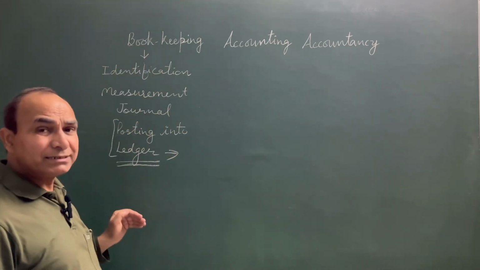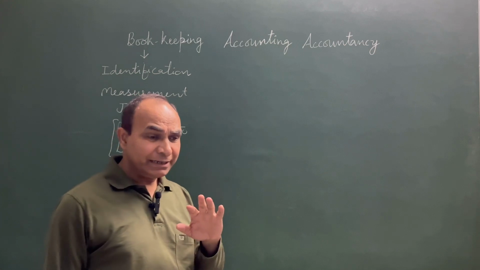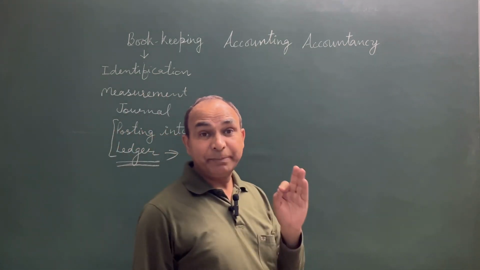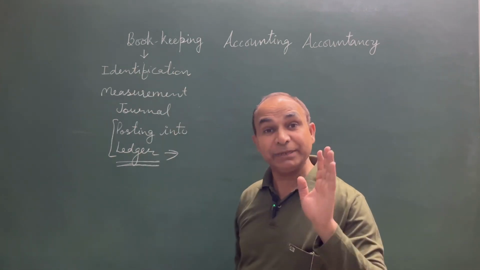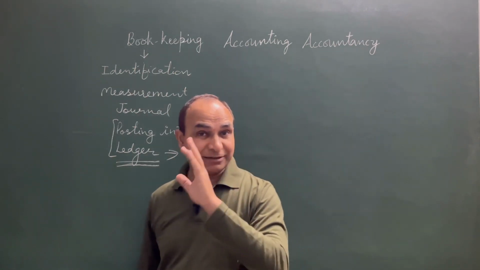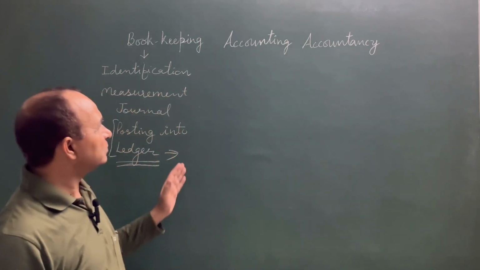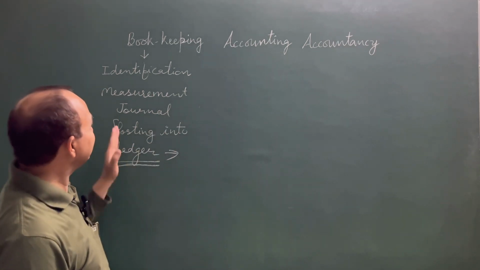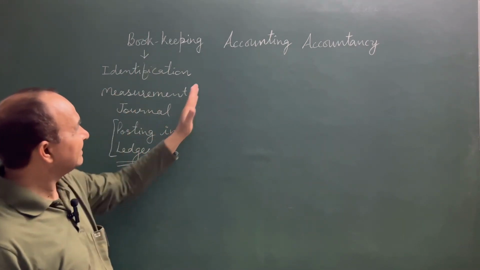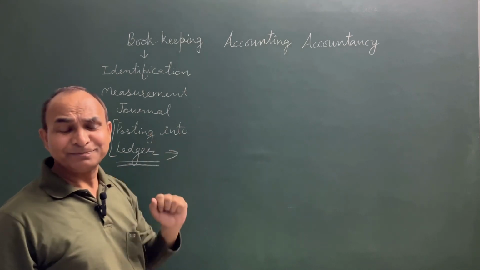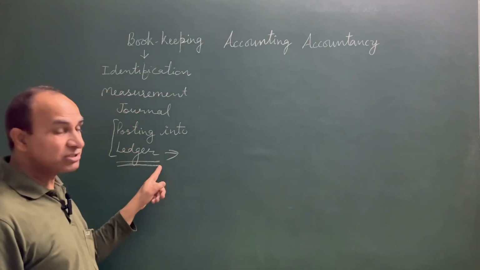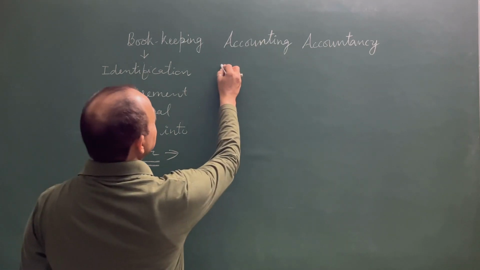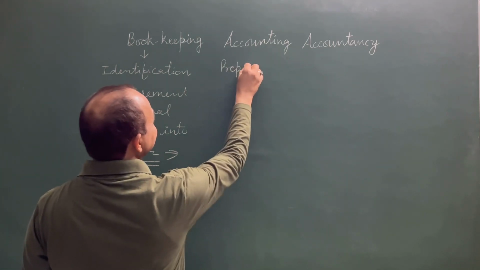And this task can be done by anybody who is having basic knowledge of accounting. It means this task can be carried out by the junior clerk. But thereafter starts what? Accounting. We can say where bookkeeping ends, accounting starts. So accounting includes what? The next step, what?